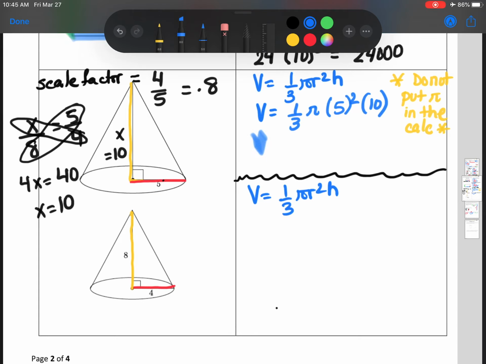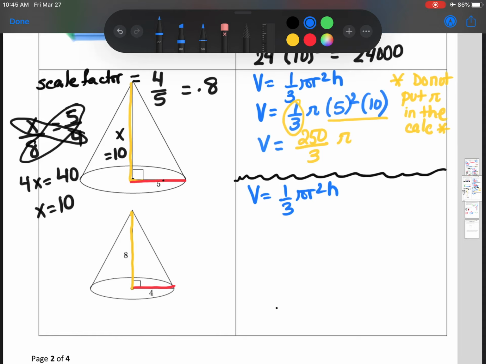Back to the question. So volume is, put just these numbers in the calculator, and it would be 250. Leave it as 250 over 3 pi.